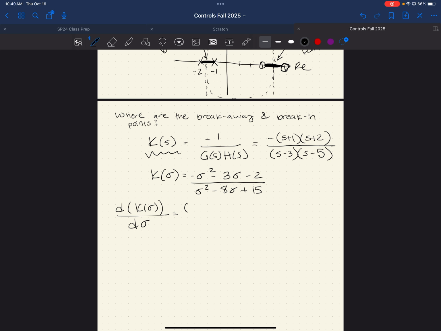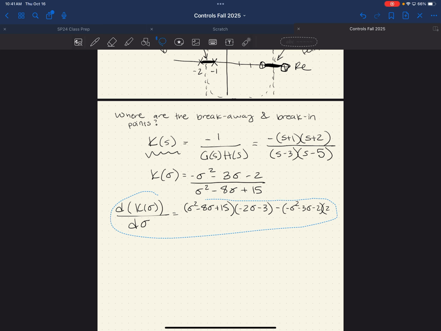So low d high, minus 2 sigma minus 3, minus high d low, and I knew I was going to run out of space, and I still did it.